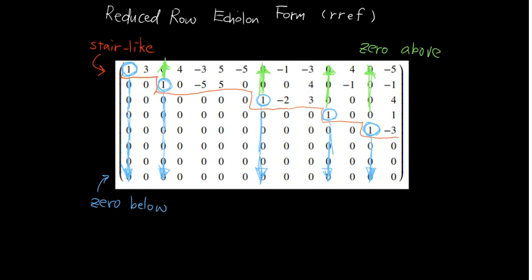Okay, you have been solving lots of equations before. It's okay to just find the equation that looks like this. It is good enough. But if you want to make it simpler, then you can kill all these things above. And then it becomes the reduced echelon form.